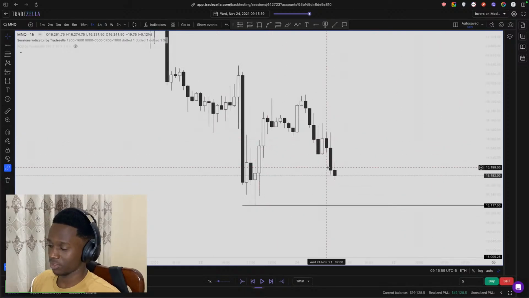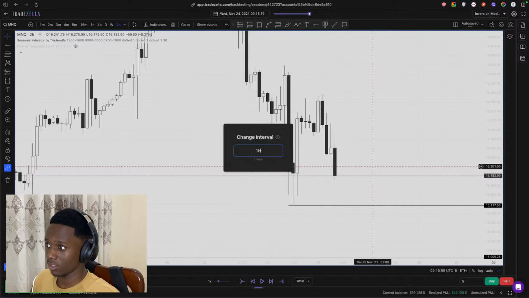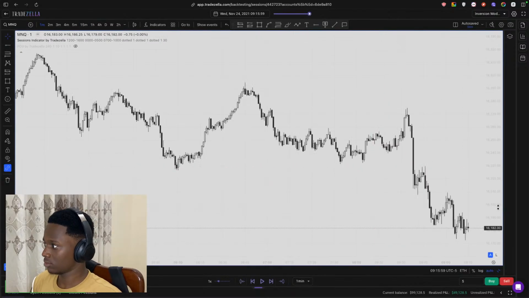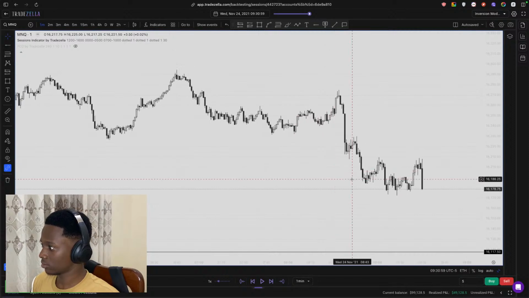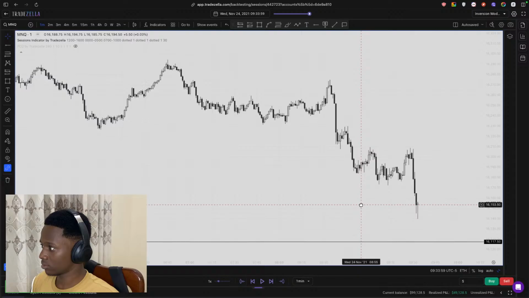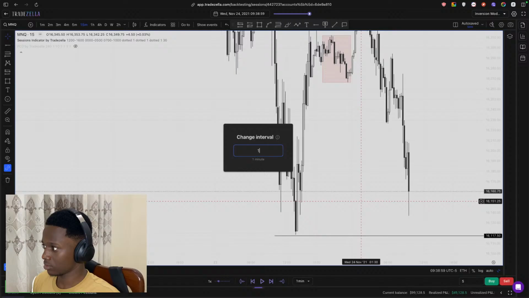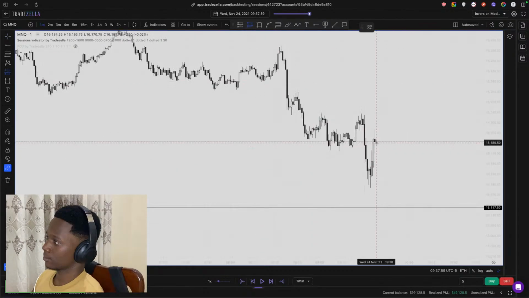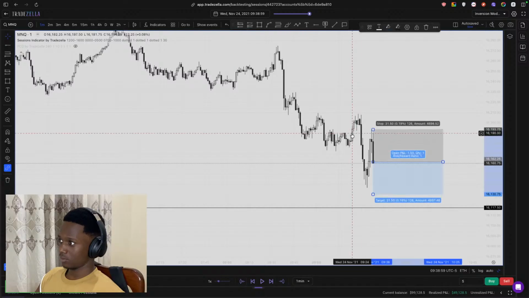I have a couple inversions. So let's take shorts here. It's a good inversion here that one could short from.